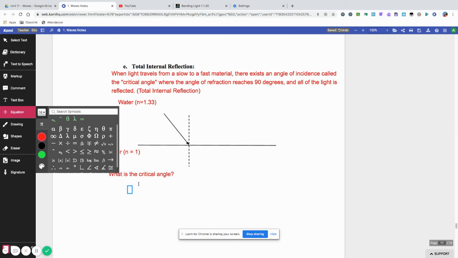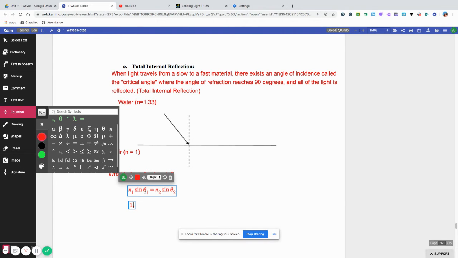So in here, we're going to say n1 sine theta 1 equals n2 sine theta 2. And then we're just going to plug in.